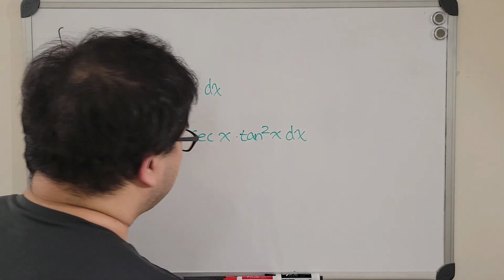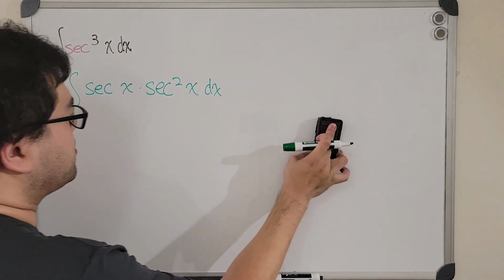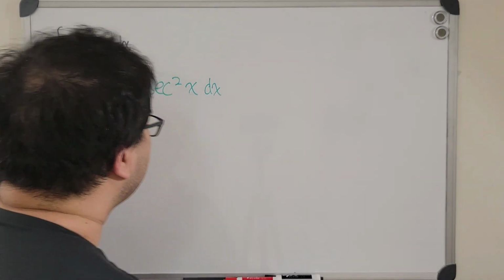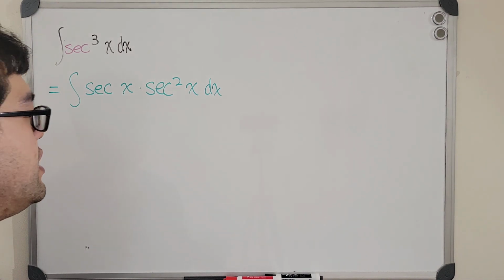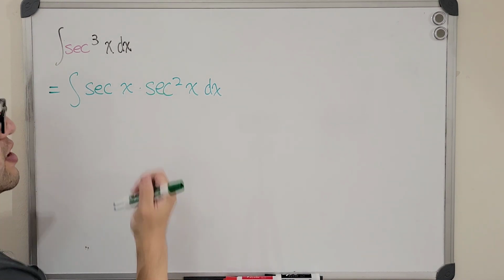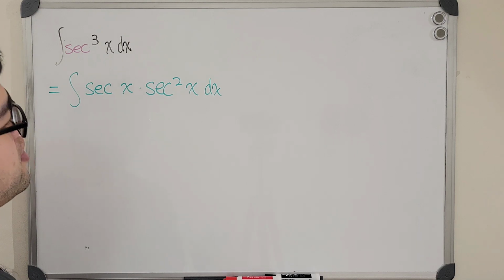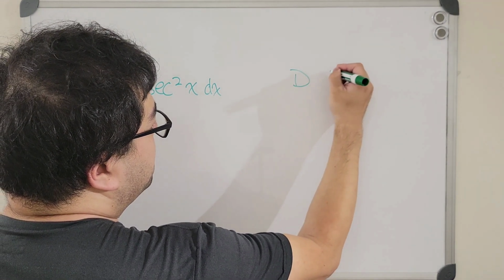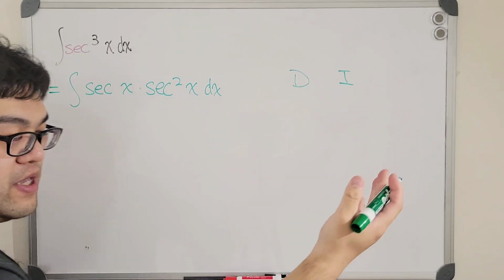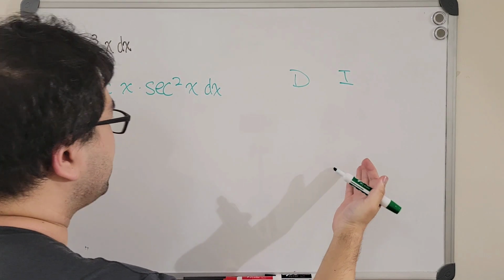In fact, this is what we're supposed to do after the first step. So instead of trying to use the trig identity to break secant square into 1 plus tangent square, we can use the DI method, or some people would just call it the RIP method, however you call it.